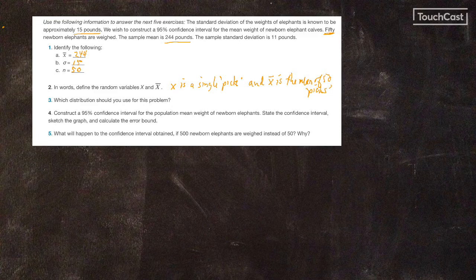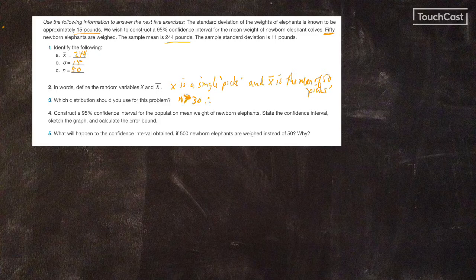So we can assume that if the sample size is bigger than 30, then it's probably also normal. So 30 is the magic number. So in this case, n is greater than 30. Sorry, that should be a greater than sign.